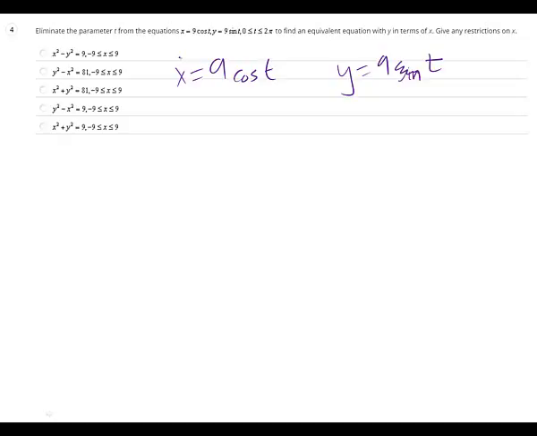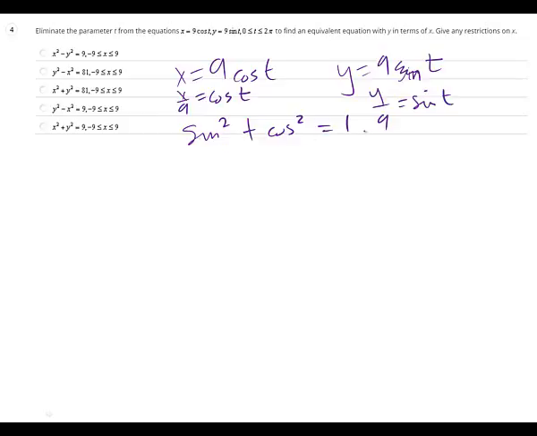Okay, so we know that sine squared plus cosine squared equals 1, right? I want to get those into sine and cosine, so I'm going to move the 9 over. So x over 9 equals cosine of t, and y over 9 equals sine of t.